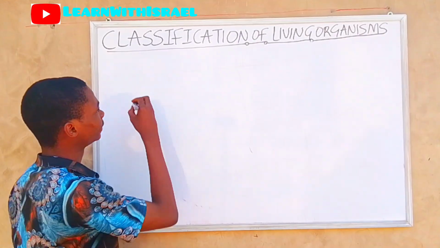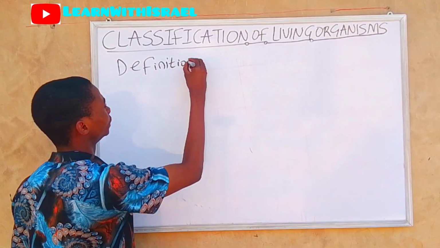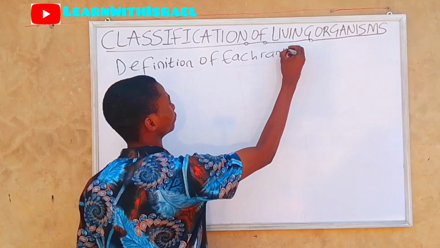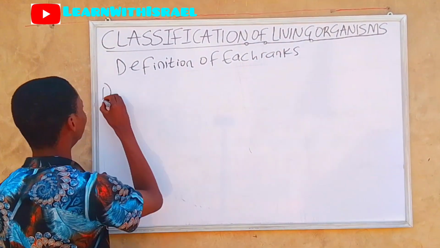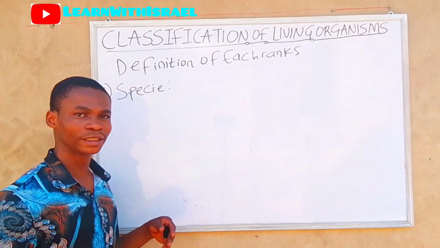So now we'll be talking about the definition of each rank, starting from species down to kingdom. Species, as you know, is the lowest.